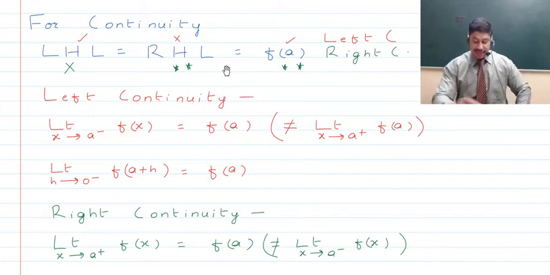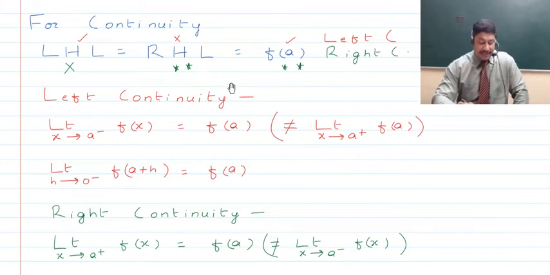So here in this question, we are talking about continuity, and in this continuity there can be such questions where the left hand limit is not equal to the right hand limit.